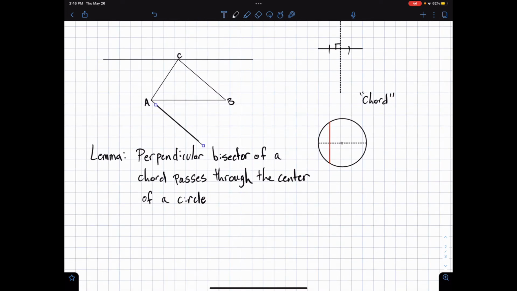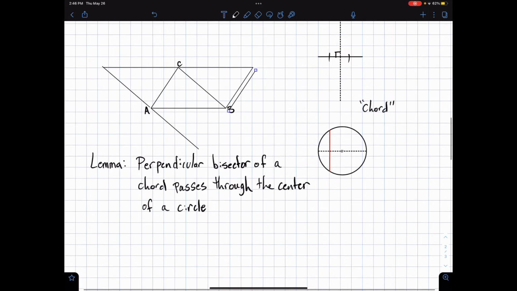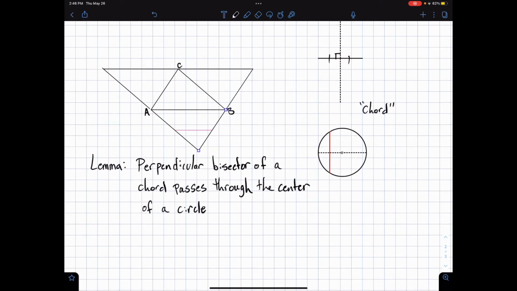This would be the parallel of side CB. And this would be the parallel of side AC. Okay, great.